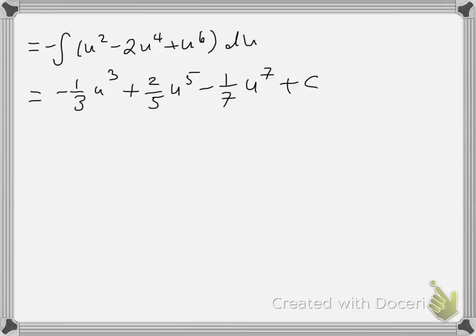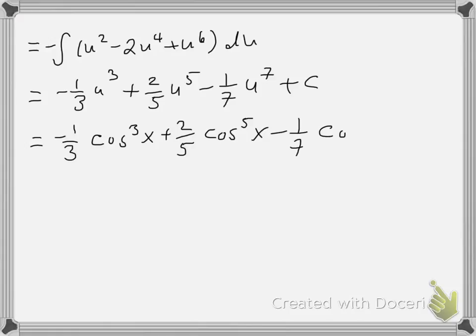My u, if you remember, was a cosine, so this will simply be equal to negative 1/3 cosine cubed of x plus 2/5 cosine to the fifth of x minus 1/7 cosine to the seventh of x plus an arbitrary constant of c.